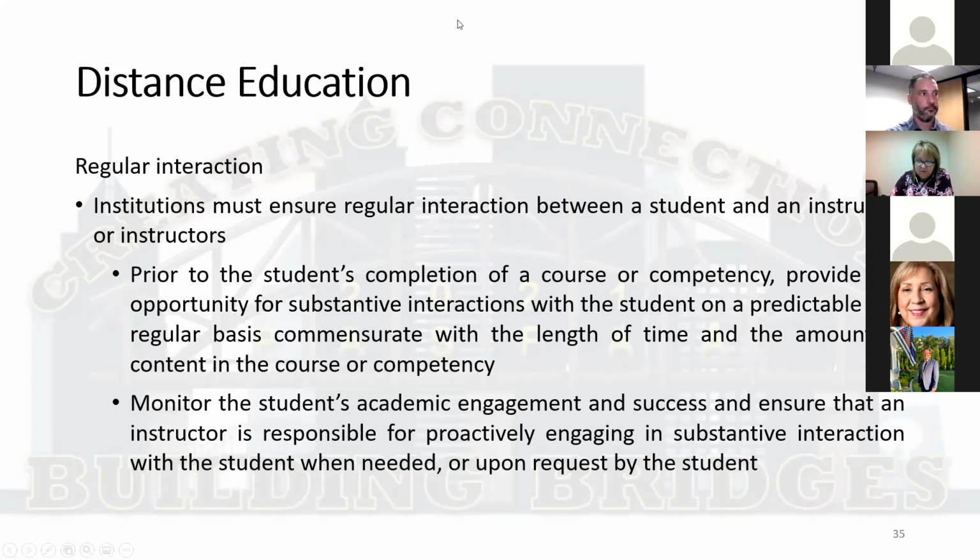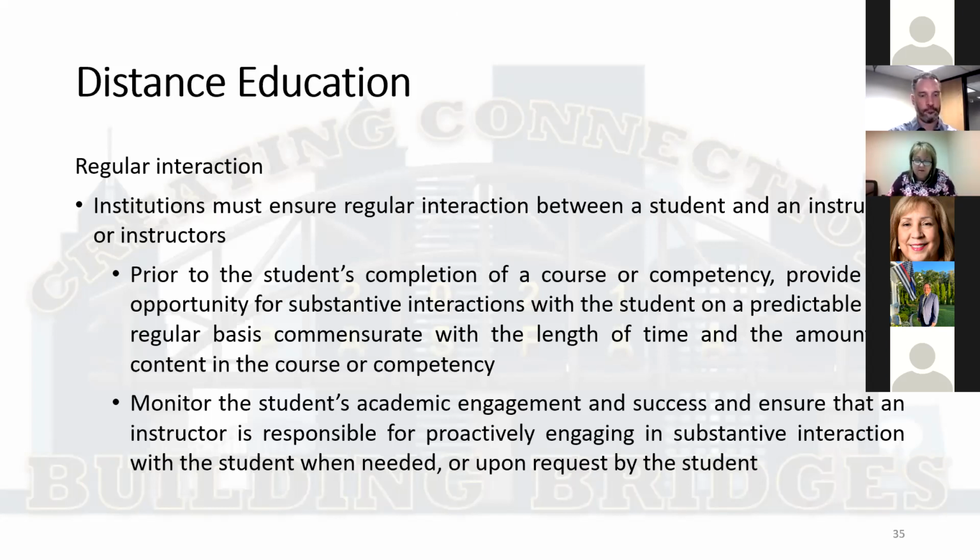So to recap, when evaluating an institution's use of distance education, the department will verify a few things: that the institution's online instruction is delivered through an appropriate form of media, the instructors with whom the students regularly and substantively interact meet the requirements of the institution's accreditor for instruction in the subject matter, that instructors engage in at least 2 forms of substantive interaction, meeting the regulatory requirements for the course or competency, that the institution has established scheduled and predictable opportunities for substantive interaction between students and instructors, and creates expectations for instructors to monitor each student's engagement and substantively engage with students on the basis of that monitoring.